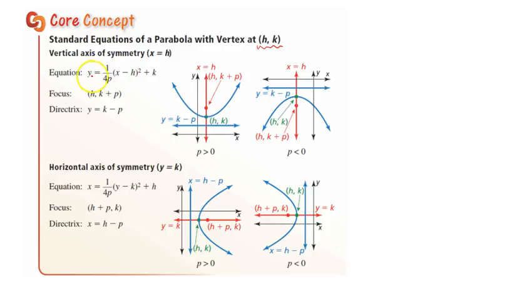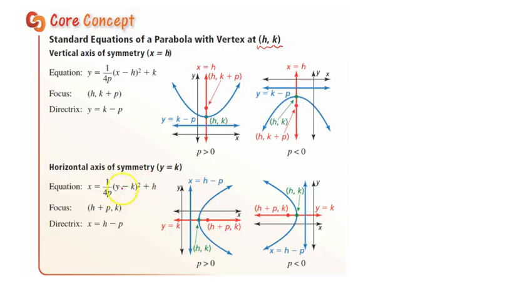So here's what's different. Remember before it was y equals 1 over 4p x squared, and all we do is use our transformation rules for horizontal and vertical shifts, right? If we're going sideways, we're going to subtract from x inside the parentheses, and we're going to add the k to go up or down. If it opens left or right, we're going to subtract k from the y, because remember, k goes up and down, so does y.